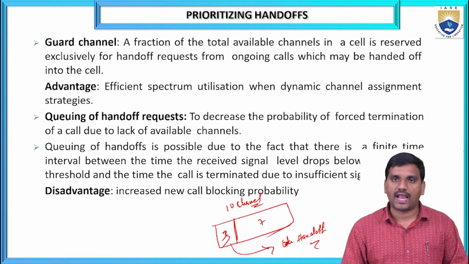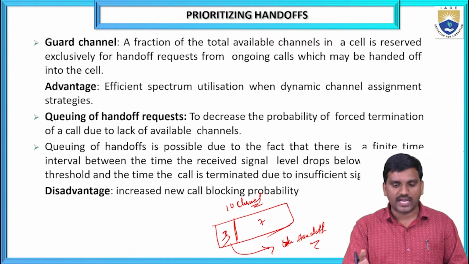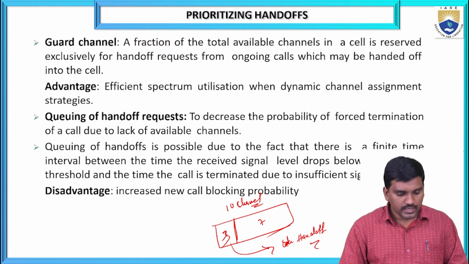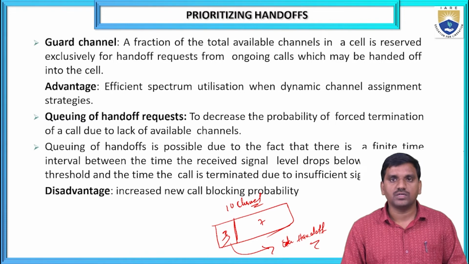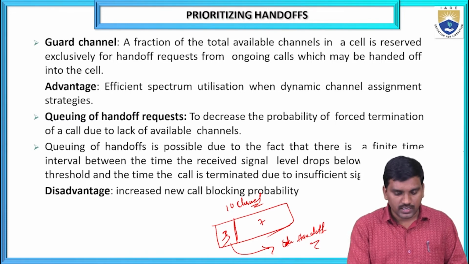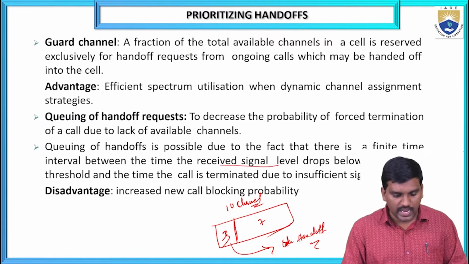Next one, queuing of handoff requests, to decrease the probability of forced termination of a call due to lack of available channels. Queuing of handoff is possible because there is a finite time interval between the time the received signal level drops below the handoff threshold and the time the call is terminated due to insufficient signal.